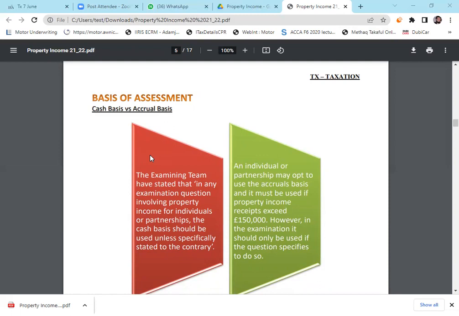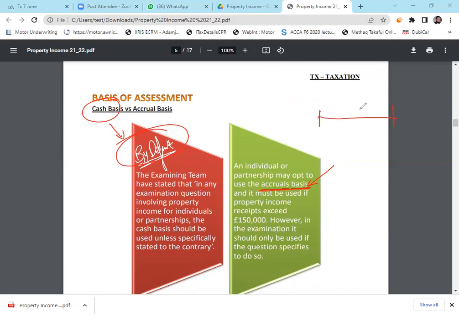By default, the examiner team suggests, by default, meaning if the question is silent, you have to use cash basis. If the question is silent, they are not telling you which basis you should use, you have to use cash basis. But if the examiner specifies, then only you will adopt accrual basis. By default, it's cash basis.